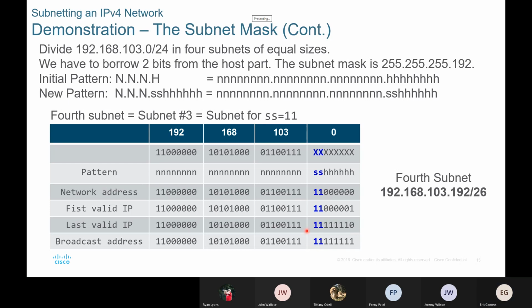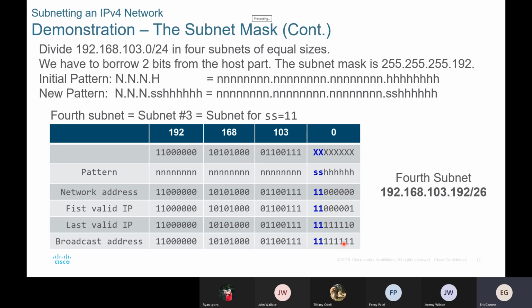So how do I compute my network address? I put these 6 host bits at 0, and this number is 192. So it does start at 192.